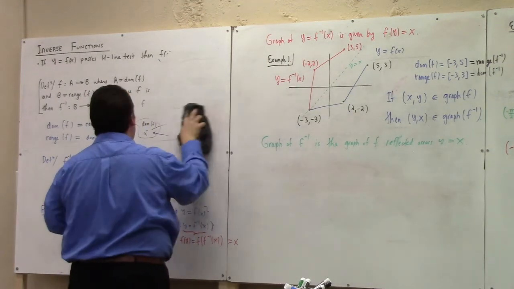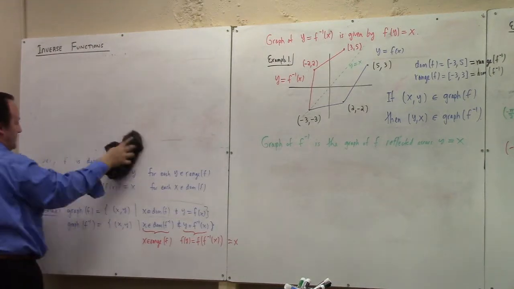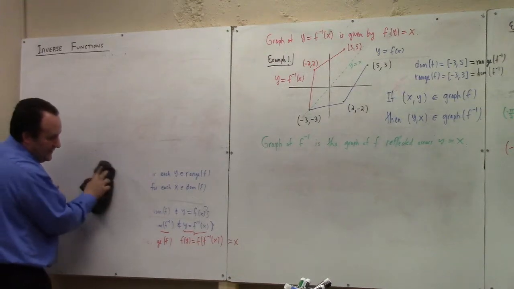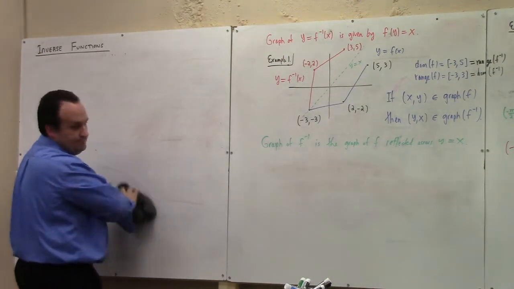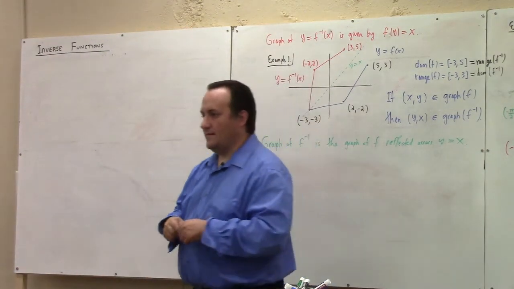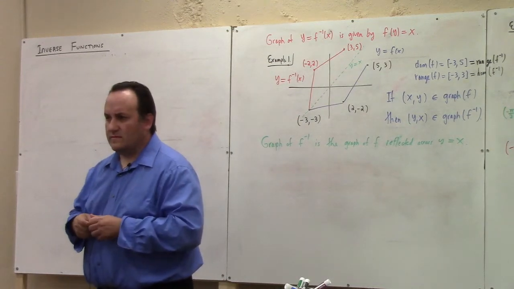So I think last time I wrote down a method for doing it. I gave you an algorithm for finding the formula for the inverse, didn't I? Like step 1, step 2, step 3, something like that. I think I did it for f of x equals the square root of x. Is that right?